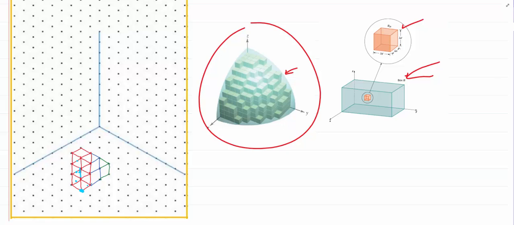Then I can increment the x, or I could go this way, right? I have this x value, then this x value, then this x value, then this x value. And I'm getting all the z's up here above it. So in other words, we are going through systematically and getting the volume of each one of those cubes.